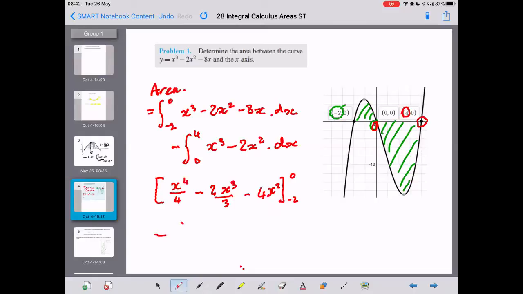Take away, we've got to do the other integral, so it's going to be x to the 4 over 4 minus 2x cubed over 3 minus 4x squared between 0 and 4. Follow that?